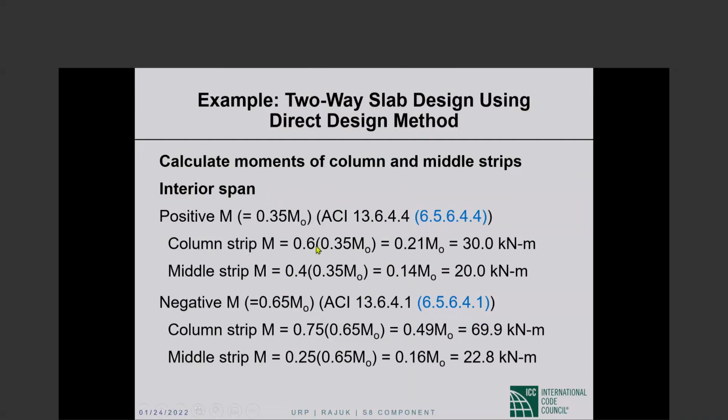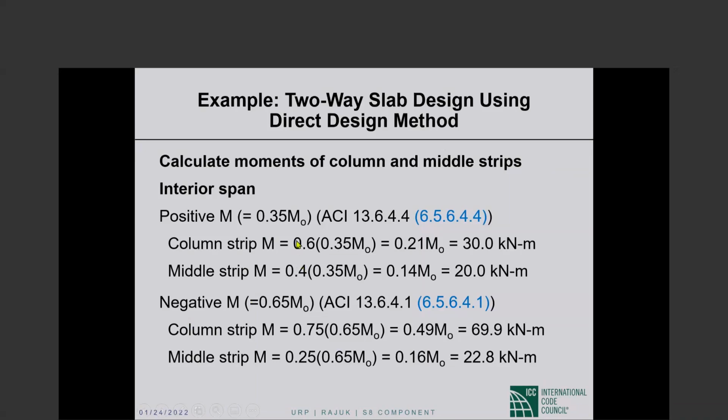So positive moment is 35% of M sub 0. Interior span, positive moment is 35% of M sub 0. 60% of that is the column strip moment. 40% is the middle strip moment.